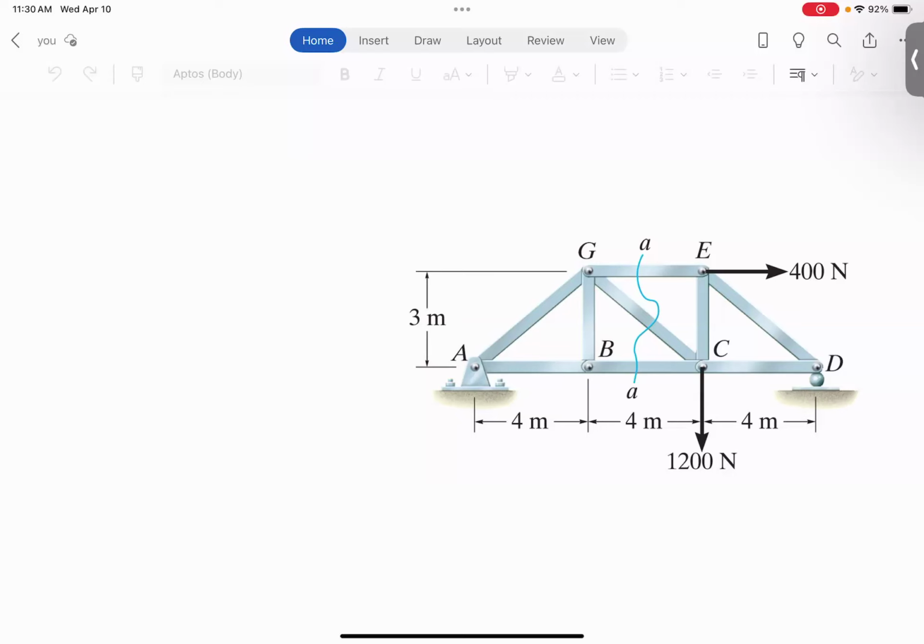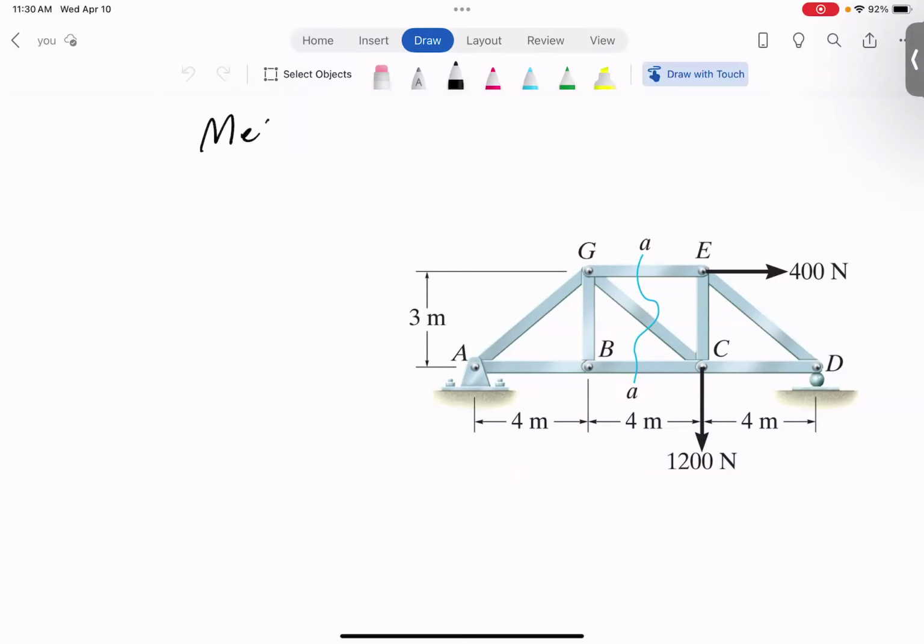This time, the subject of statics, topic of truss, method of sections. We want to talk about method of sections here, and I have more examples on method of sections in my channel. But here, in this particular problem, this is really a basic problem.